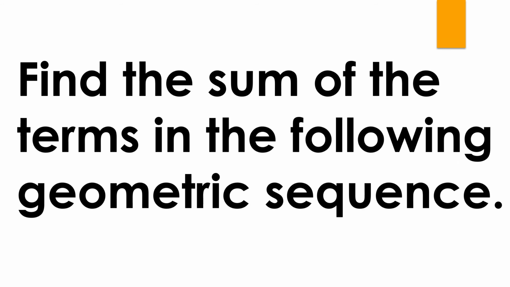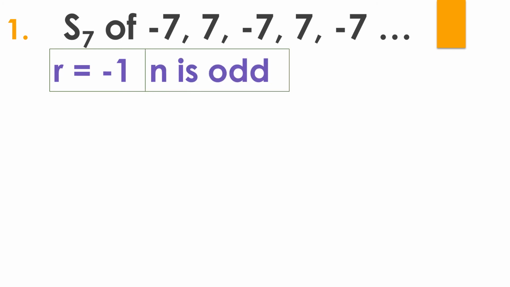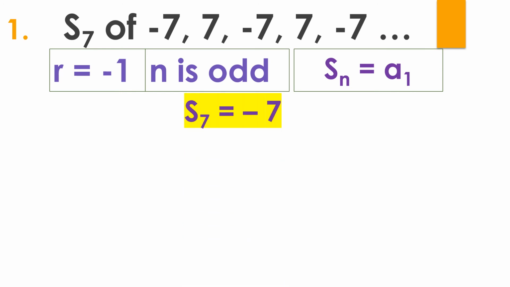Let us find the sum of the terms in the following geometric sequence. First, S sub 7 of -7, 7, -7, 7, -7. From the given sequence, r is equal to -1, and n is an odd number. Therefore, S sub n is equal to the first term, which is equal to -7.